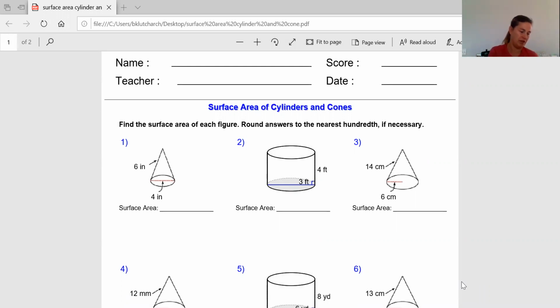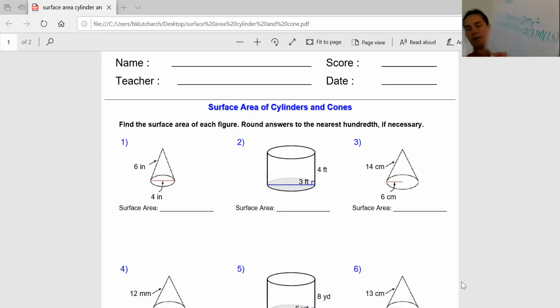So I have surface area equals 2 times 3.14 times my radius, which is 1.5, times my height, which is 4, plus 2 times 3.14 times my radius squared, which is 1.5. See that here for you.